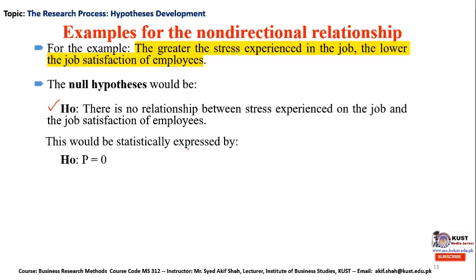This would be statistically expressed in this fashion: H naught, or H in subscript. This P represents the correlation or relationship between the stress experienced in the job and the job satisfaction of the employees. And the researcher might have hypothesized that the relationship P, or it can be represented with the symbol rho, which you can find out over the internet, what rho represents.